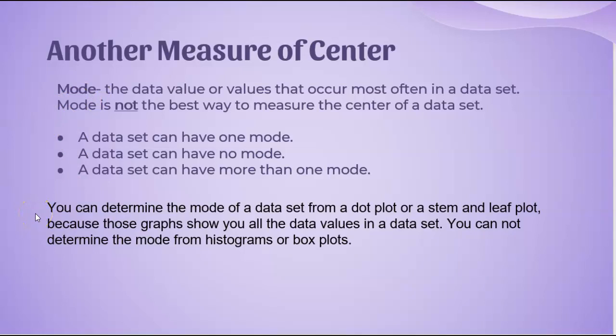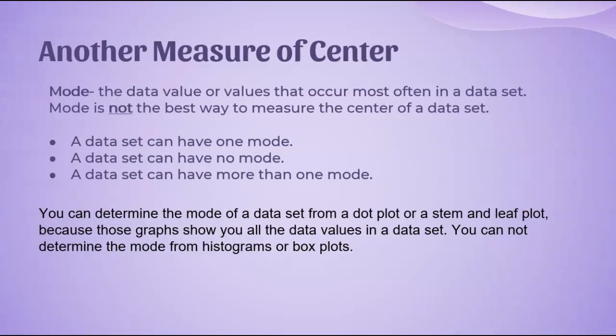You can determine the mode of a data set from a dot plot or stem and leaf plot because those graphs show you the exact amount of data values in the data set. You can't determine the mode from a histogram or a box plot, because those just show you ranges. But from a stem and leaf plot or a dot plot, you can count those dots or those numbers, and you can determine what the actual values of the data set are.